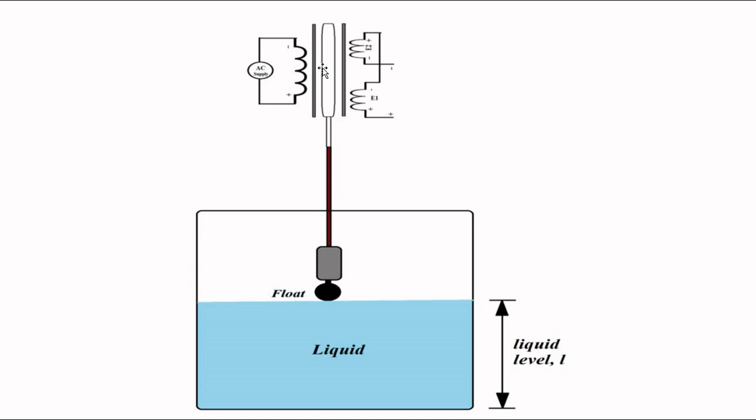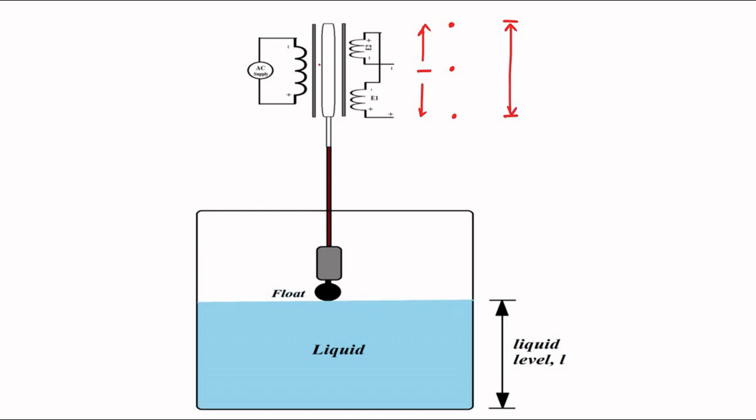But the major disadvantage of this technique is that the level measurement is only limited to the range from here to here. The rod can only go upwards up to the extreme end of the LVDT at the topmost side, and down to the bottommost end of the LVDT. Only in this range can the level be detected.